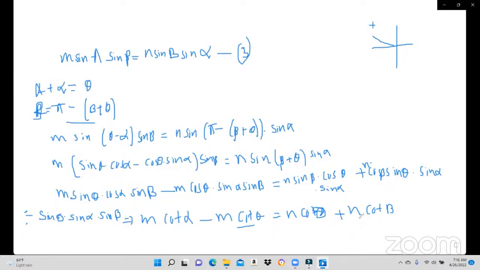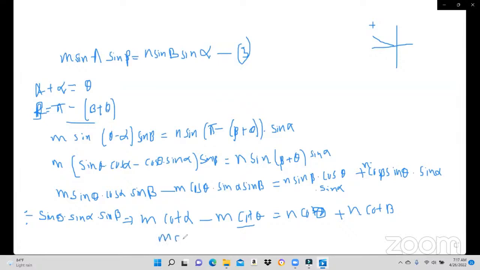So I will take the m cot theta part to this side, and n cot beta I will take to this side.